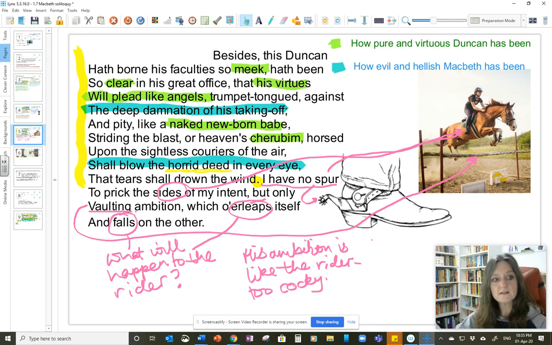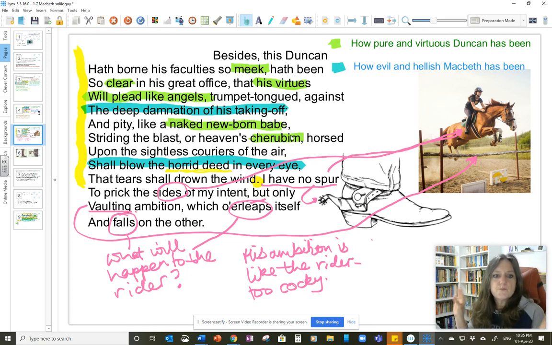Okay, then we're back to King Duncan again, and pity like a naked newborn babe. So pity here, so feeling sorry for Duncan for being murdered, and this pity here is being personified, this abstract noun pity. And pity's like a naked newborn babe striding the blast, or heaven's cherubim. So cherubim are a little bit like little cupids.